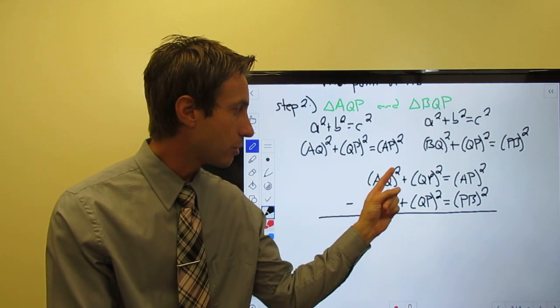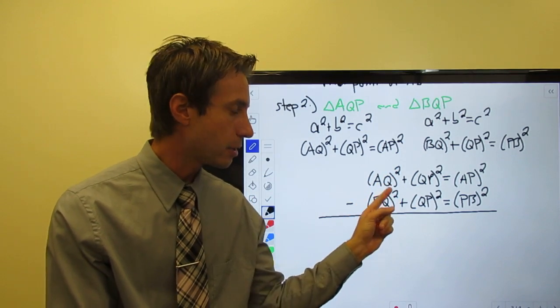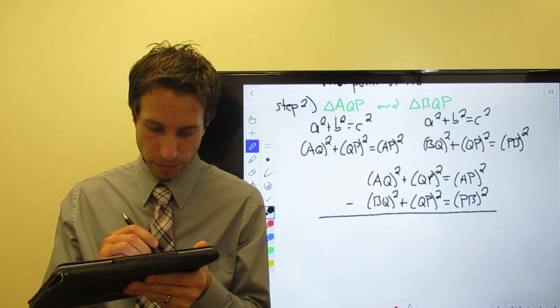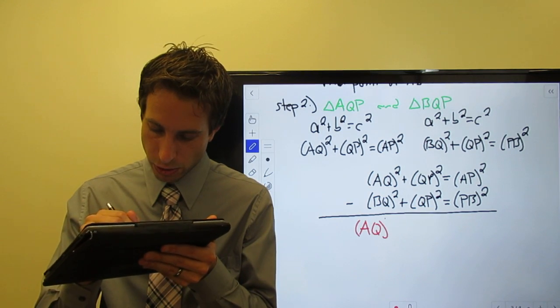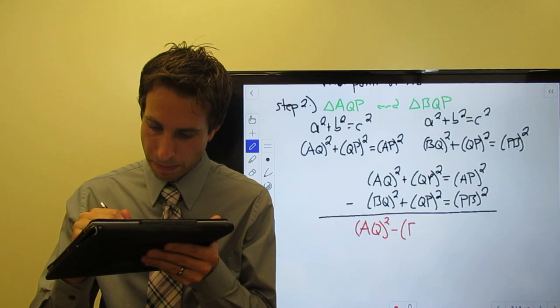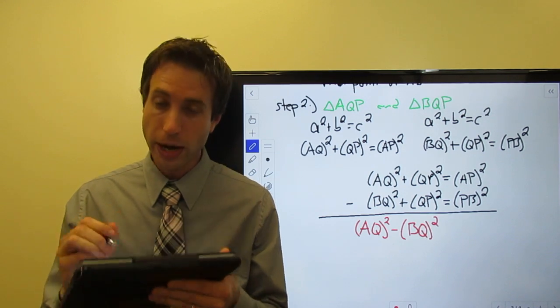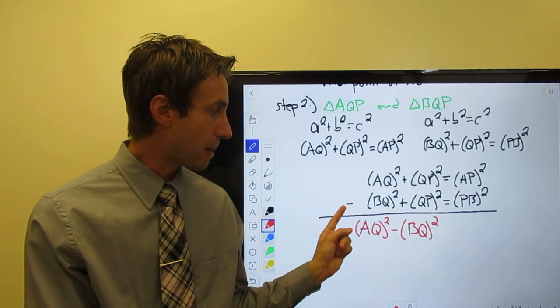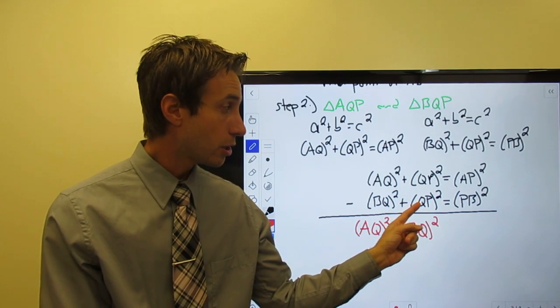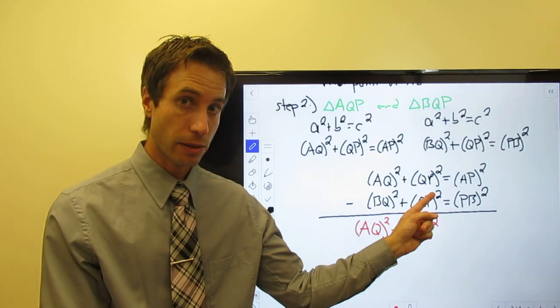I have AQ squared minus BQ squared. I have QP squared minus QP squared.